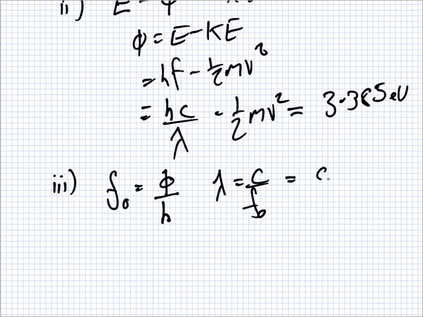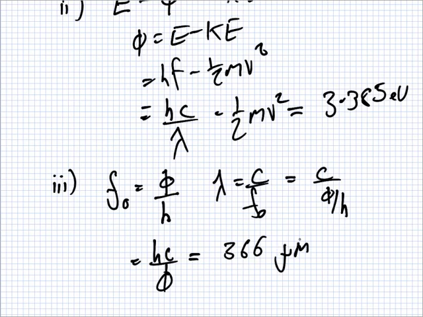So that would be c over work function over h, so that was hc over work function. And what was that yesterday? 360 micrometer. Grand? Okay.